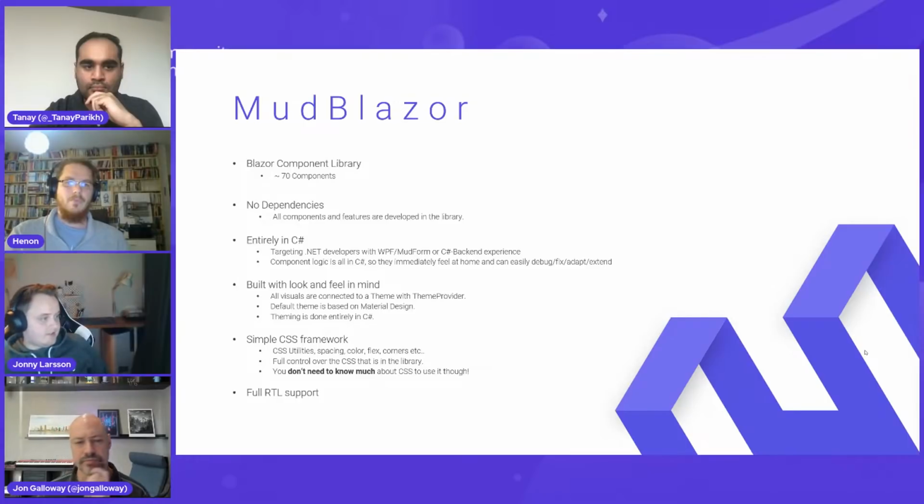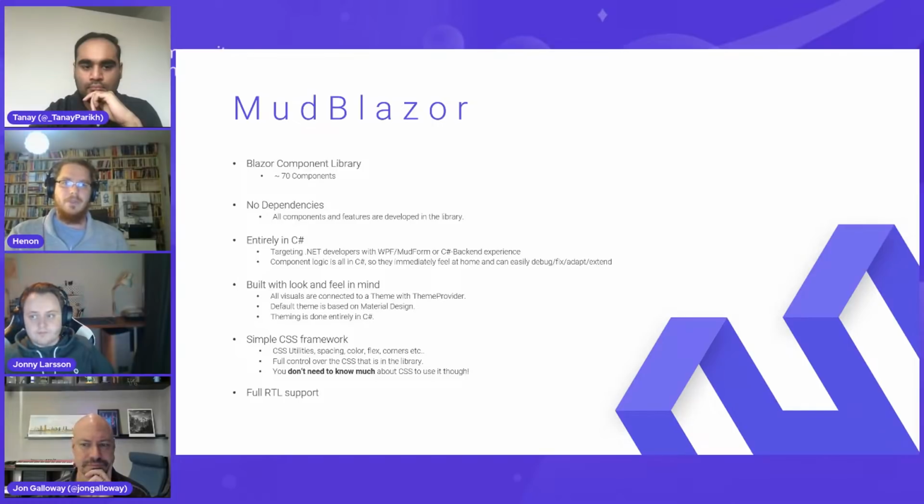And as it says in the next slide, simple CSS framework, we have built our own CSS framework, I would call it now. We don't use Bootstrap or anything like that, but we still provide CSS utilities like spacing, padding, margin, these default classes that some of you are used to. Yeah, they are very handy.